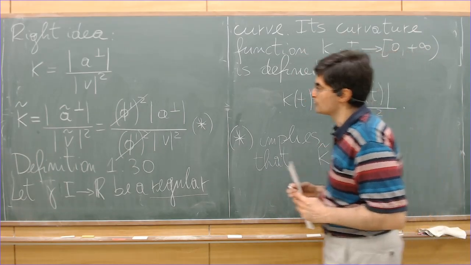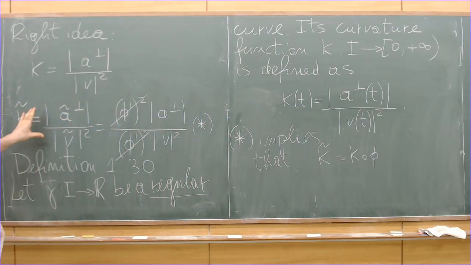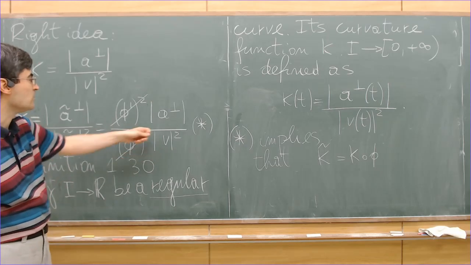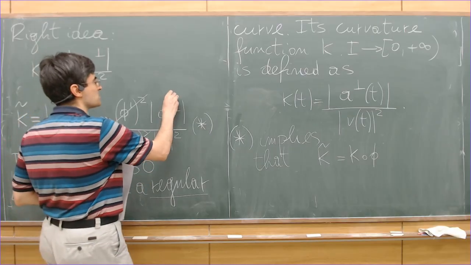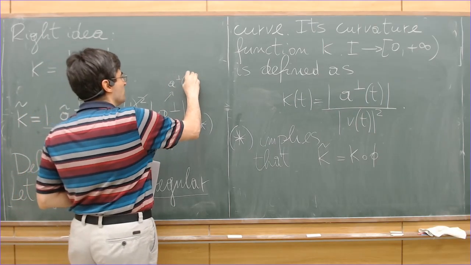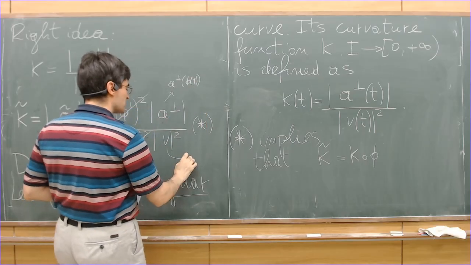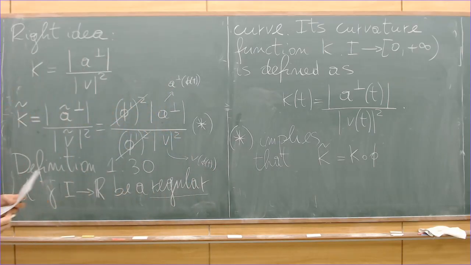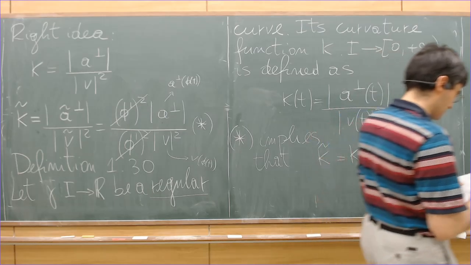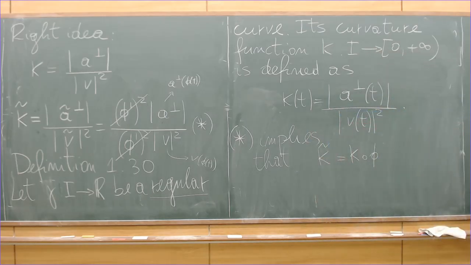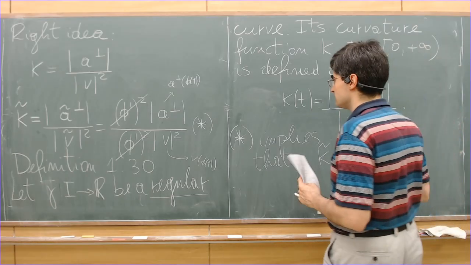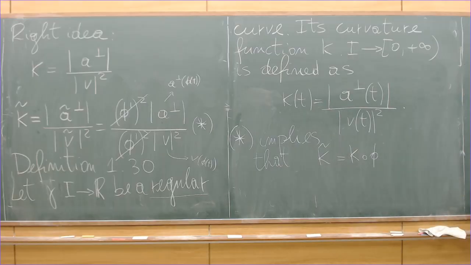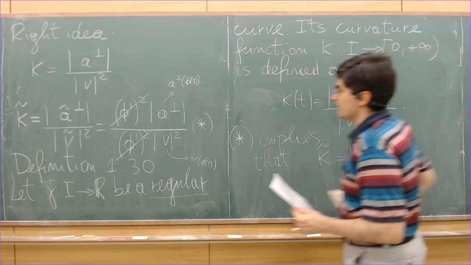This is true because here I am using a simplified notation. I drop the dependence on t, so when you use this formula, remember that this means A orthogonal of phi of t, and this means V of phi of t. Okay.